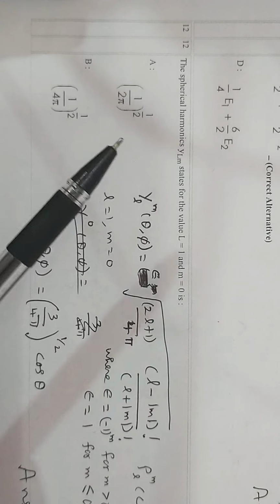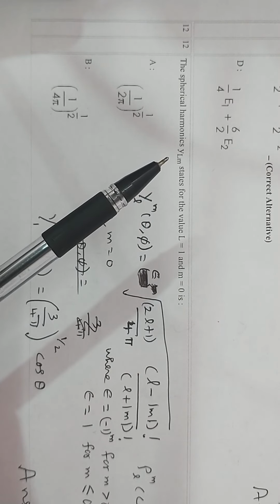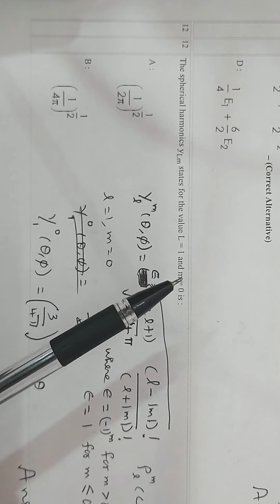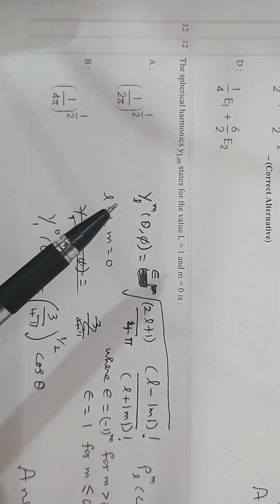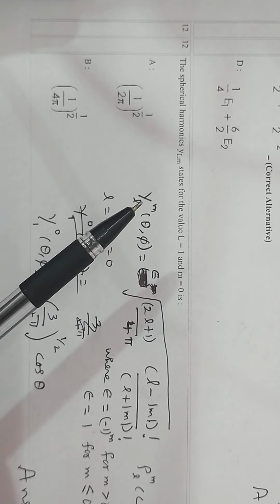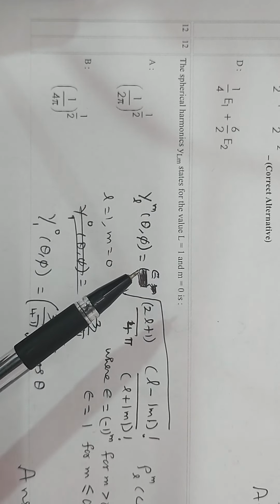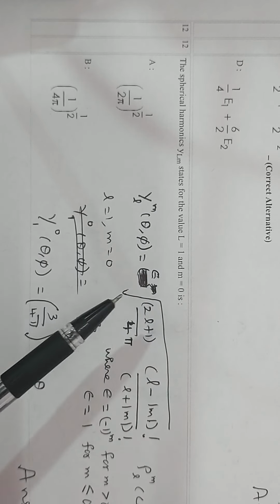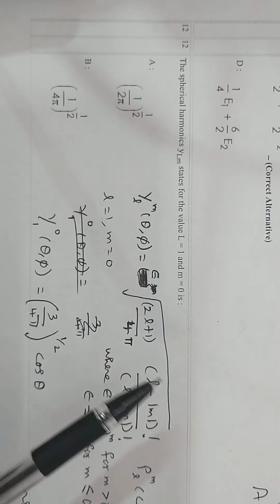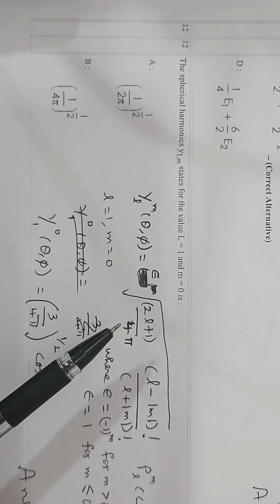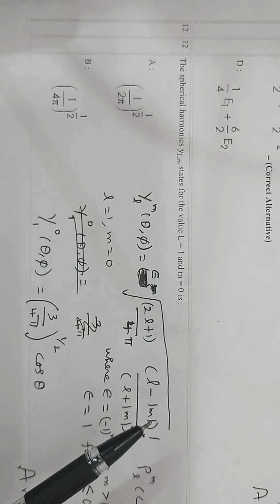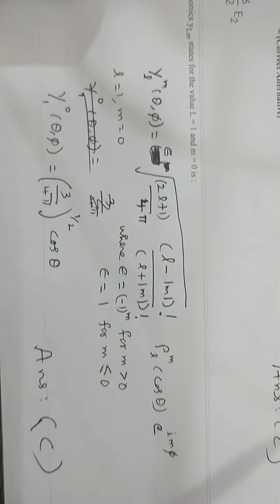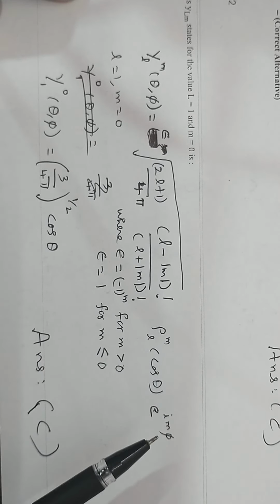Next question. The spherical harmonics Y L M function for L is equal to 1 and M is equal to 0 is. So the general expression for the spherical harmonics Y L M function, which is a function of theta phi, is equal to epsilon times the square root of 2L plus 1 divided by 4 pi, L minus mod m factorial divided by L plus mod m factorial, P L M of cos theta, e power i m phi.